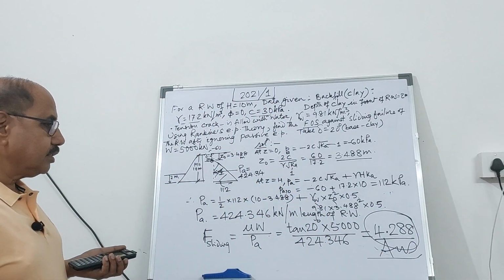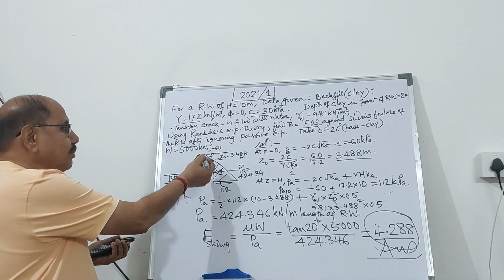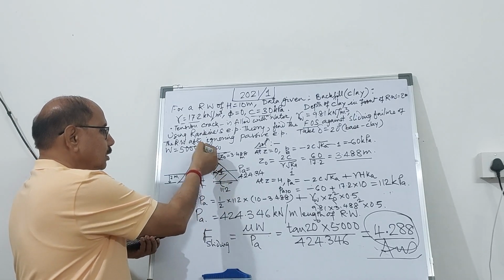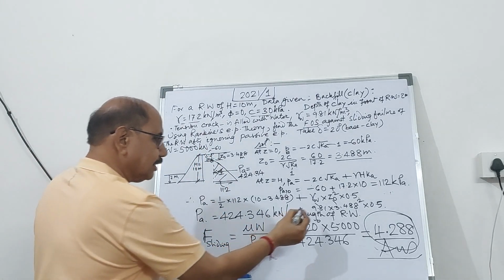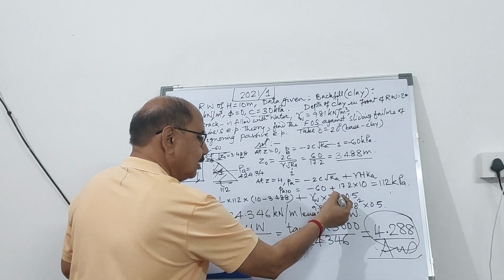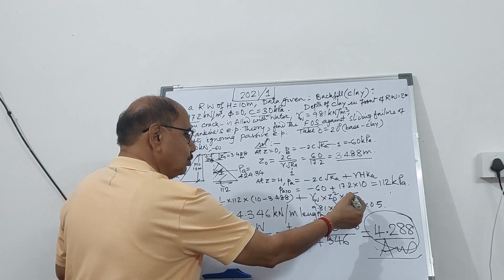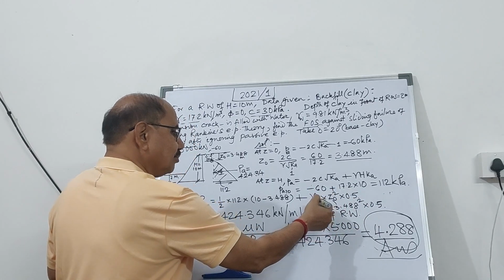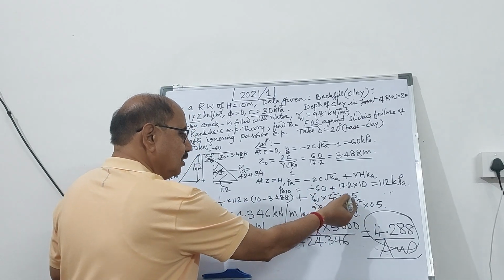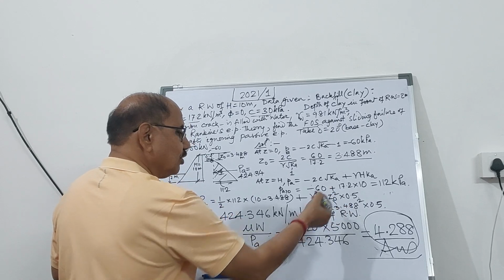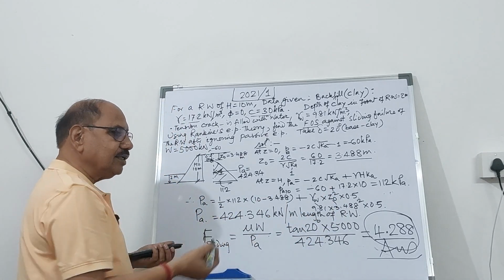This answer is quite simple, but normally you have to take the force, and sometimes by mistake, if you take gamma W into Z naught, then you commit a mistake.